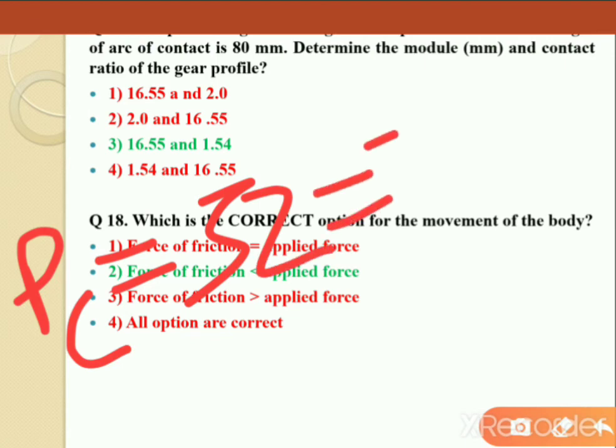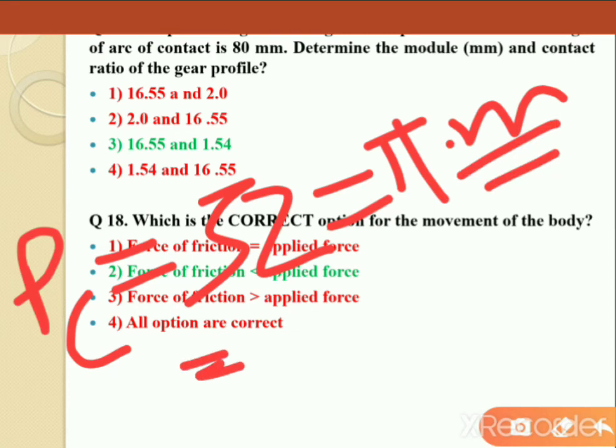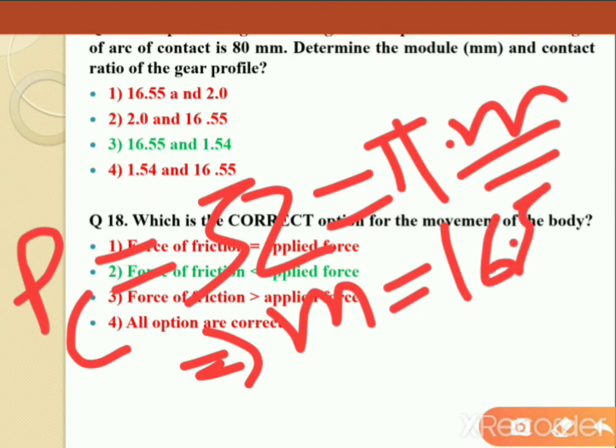That is also, we know, pi into m, where m is module. So from here we will get m equal to 16.55. That will be the answer.